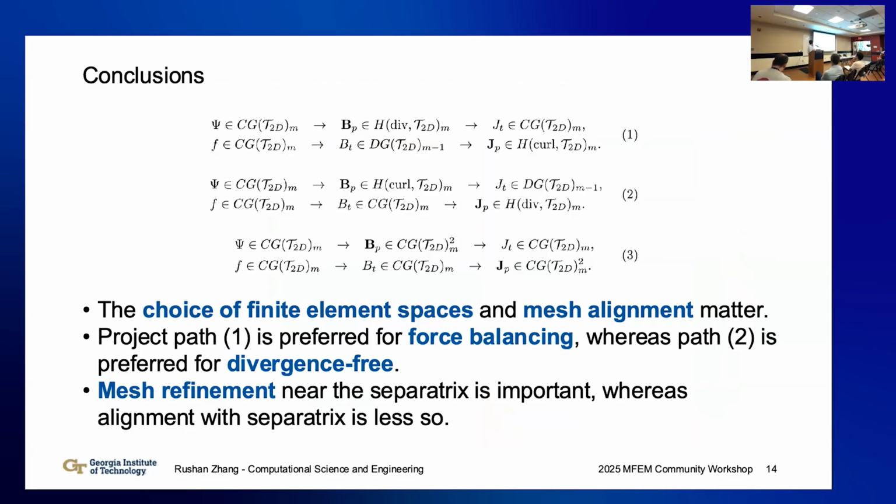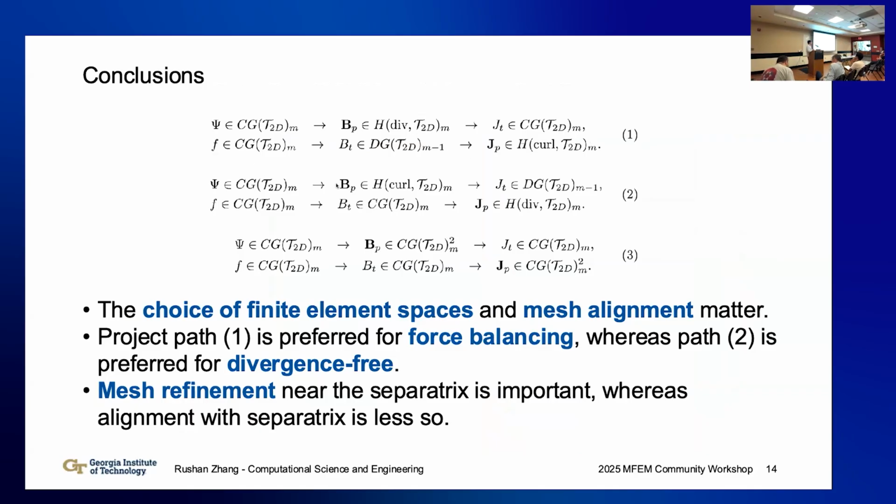So our conclusion is that the choice of finite element spaces and the mesh alignment does matter a lot if we want to obtain a very small error. If force balancing is more important to you, then you should choose the first projection path here.